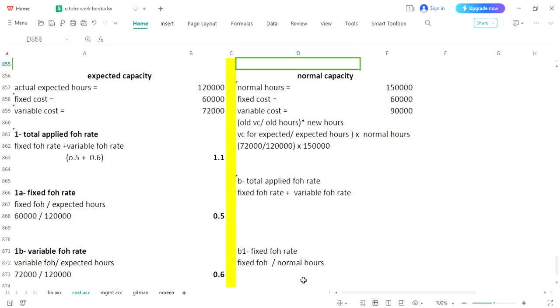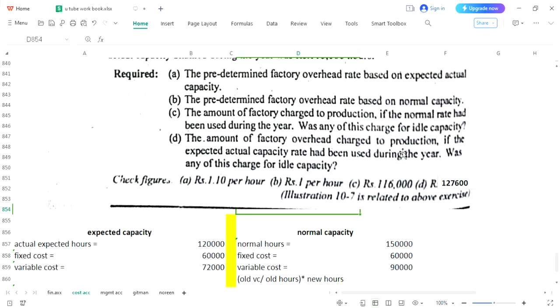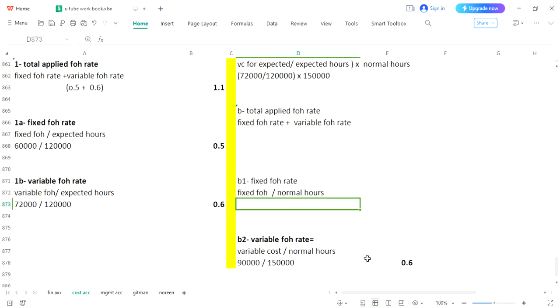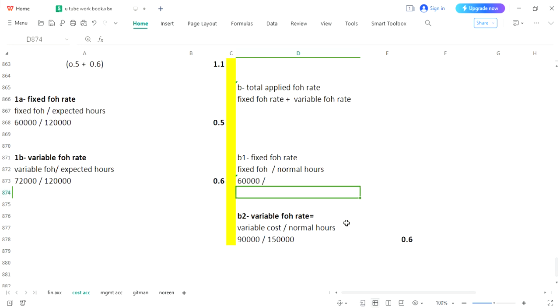We need fixed FH, which is mentioned over here, 60,000, the same for both, and that would be divided by normal hours, mentioned over here, 150,000.